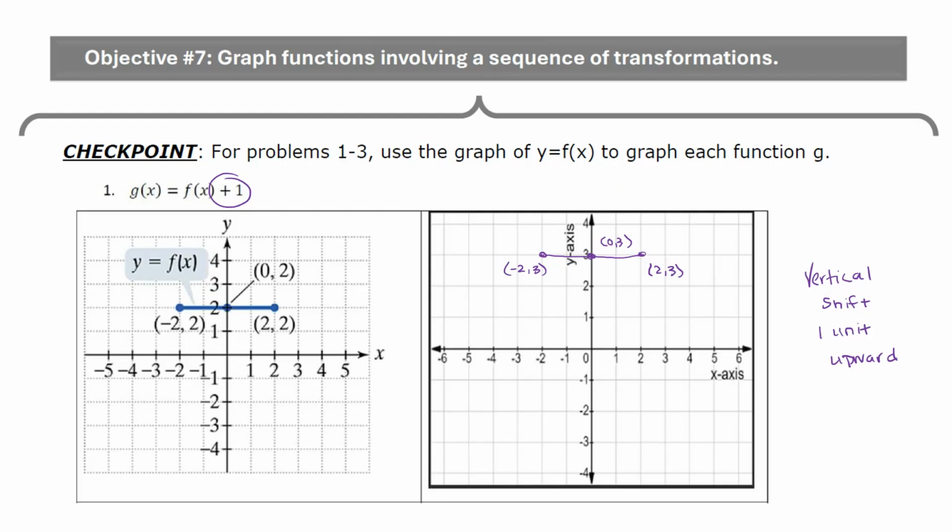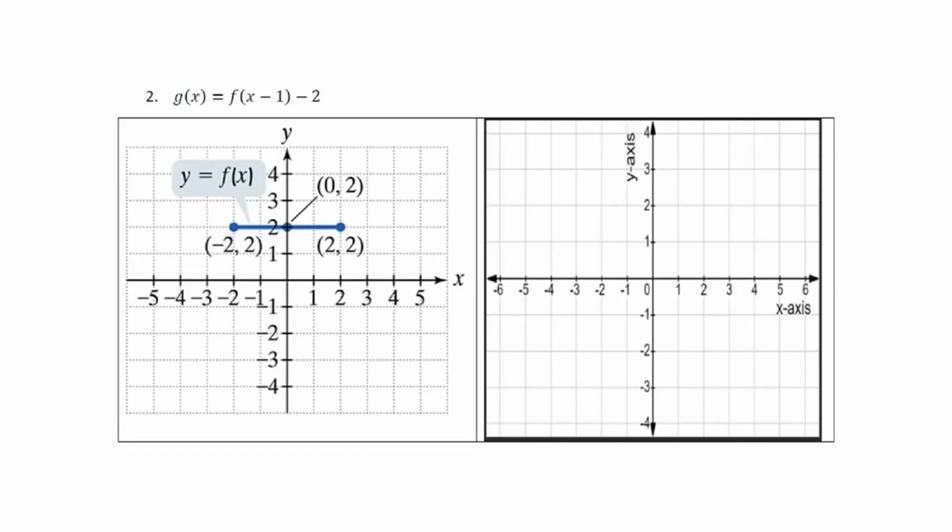g of x equals f of x minus 1, minus 2. So now we have two transformations occurring here to f of x. We have subtraction of 1 being applied to the x, and then we have a negative 2 on the outside, which will apply to the y.